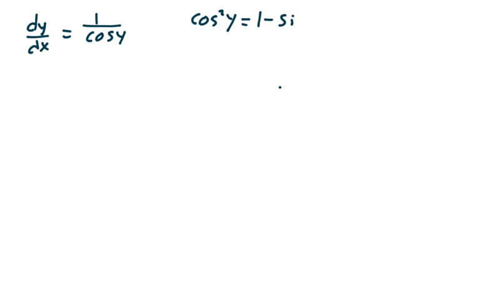So that says dy dx is 1 over cosine y. But remember what I said, okay? Now let's go over something here. Remember that cosine squared y is the same thing as 1 minus sine squared y. And what I want to do is I want to take the square root of both sides.